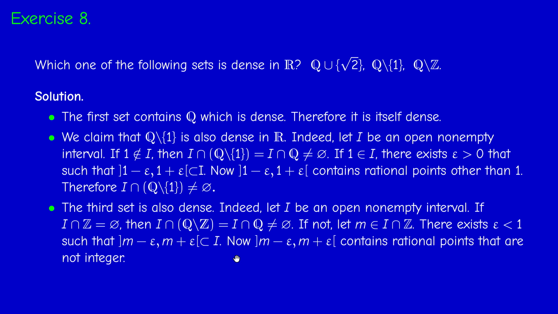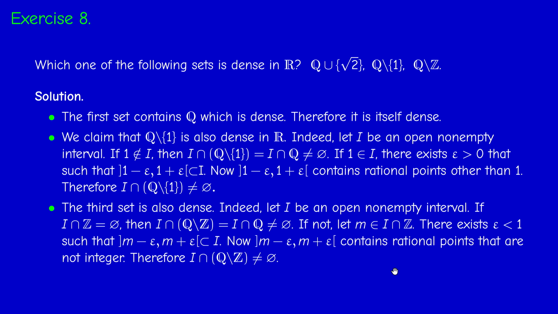Since there are infinitely many rational numbers in this interval, choose one which is different from M. You can take it strictly between M and M plus epsilon, it doesn't matter.